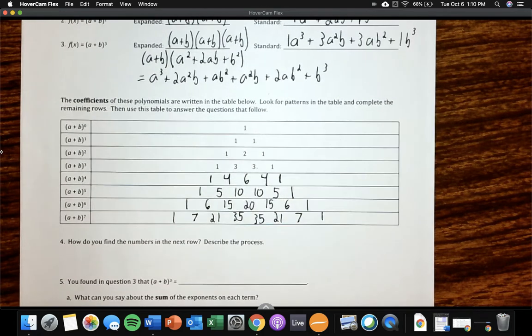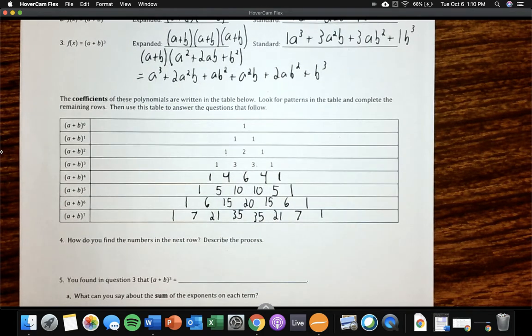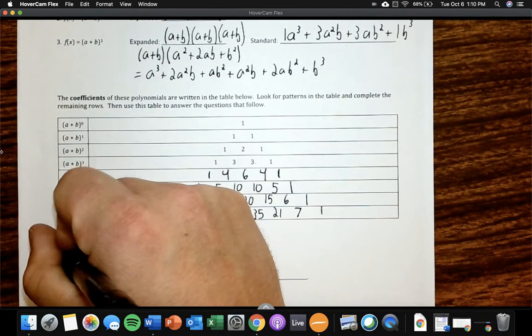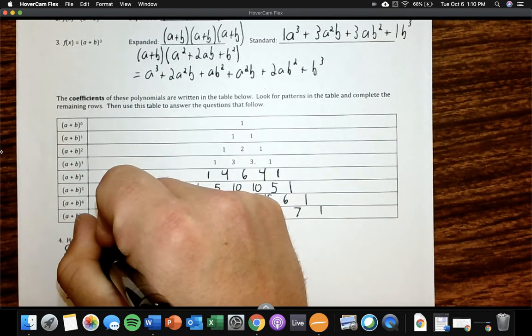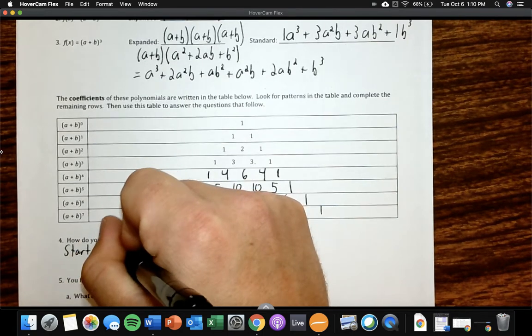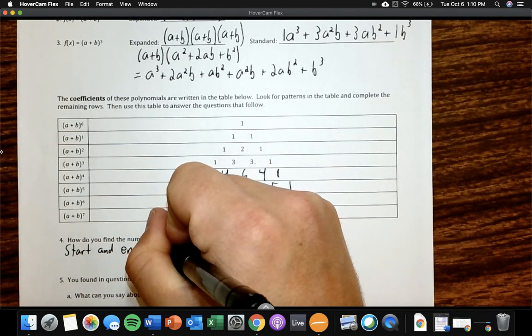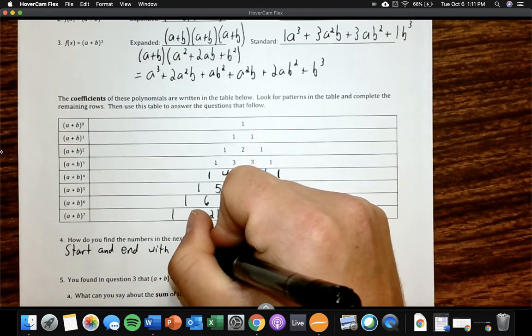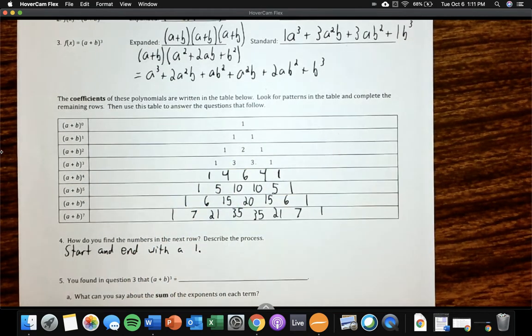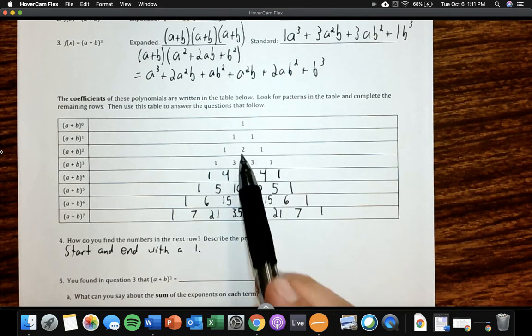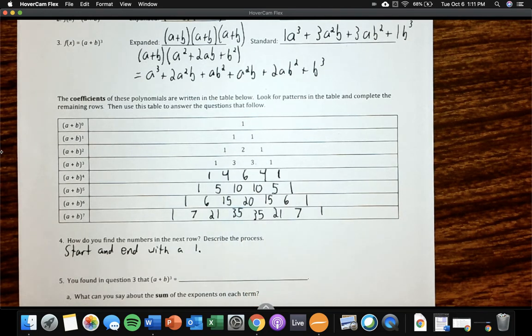Right, so how did we find the numbers in the next row? Let's describe this process. Well, we knew that it's going to start and end with a 1. And then for all the others, we found that if we added the numbers above it, we would get the coefficient.